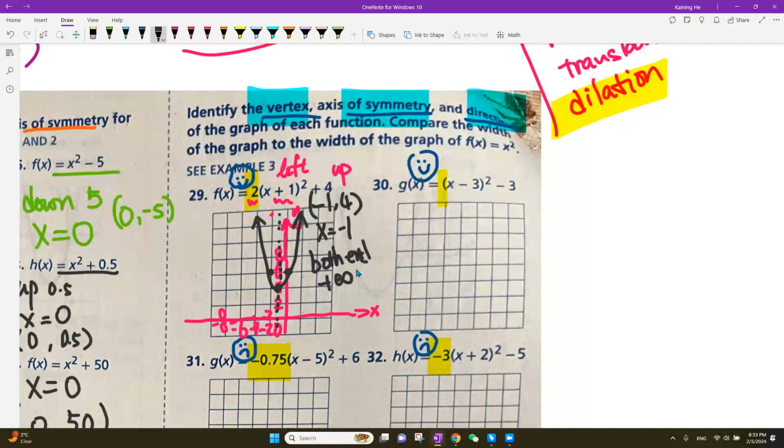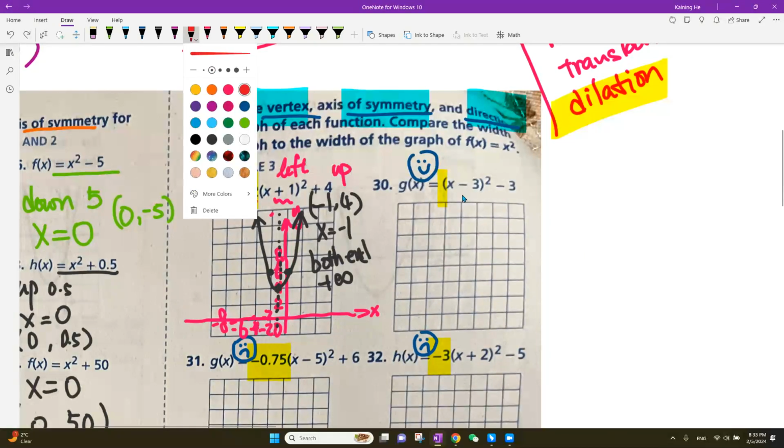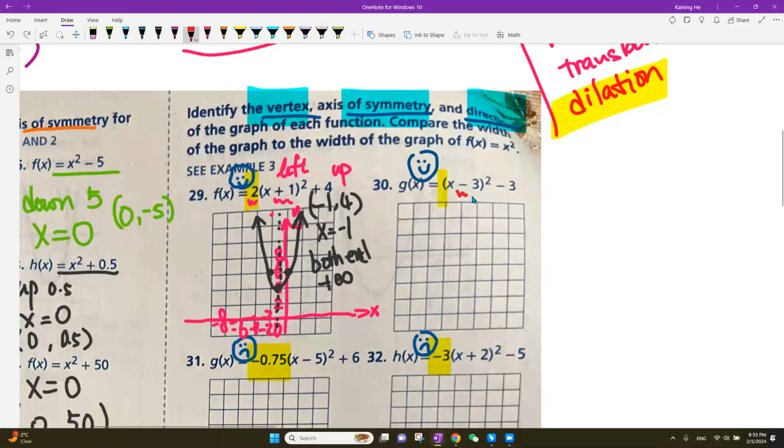Okay, let's take a look at number 30. How would you do it? Let's analyze number 30. First you make the graph, and then the -3 would be going right, and then like the -3 after you have that.